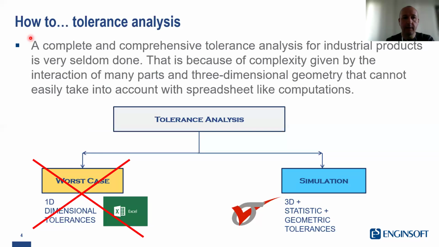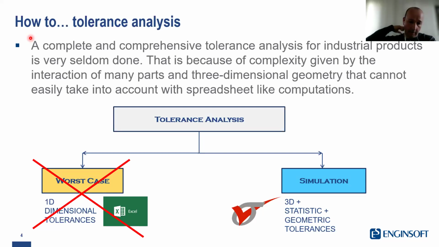And this is related to the fact that tolerance analysis, when it comes to three-dimensional statistical analysis with statistical variables and with the geometric tolerances involved in the tolerance chain, is a very difficult topic. It is a very difficult calculation model to manage. And for this reason, several times it is performed using the worst case simplified approach, because there is no other way to solve this type of calculation.